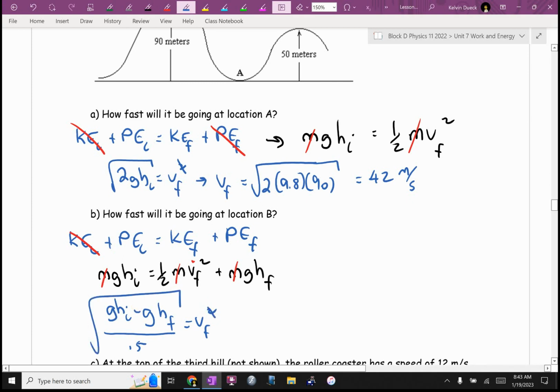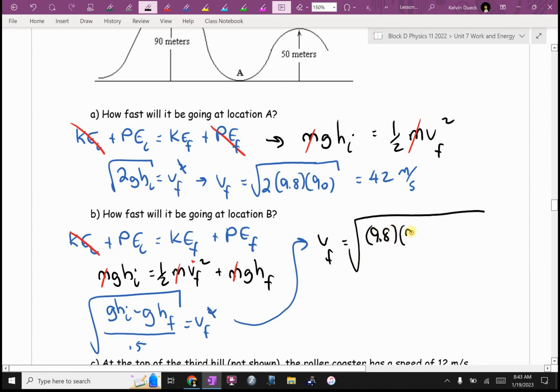So I'm going to get this. VF is going to be the big square root, g, 9.8, initial height, 90, minus 9.8, final height, 50, all divided by 0.5.